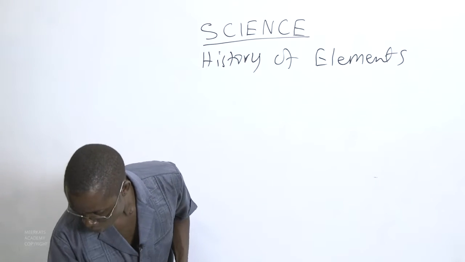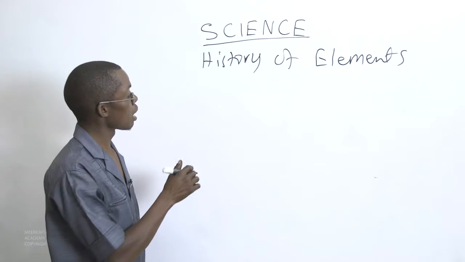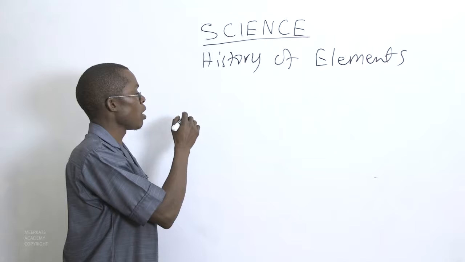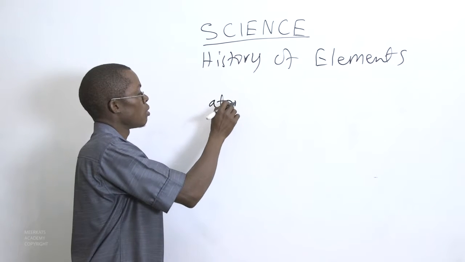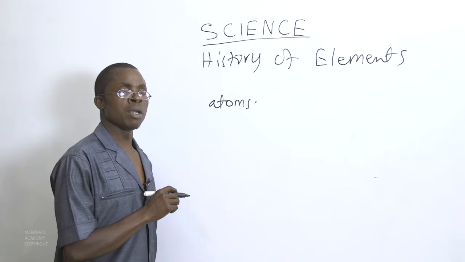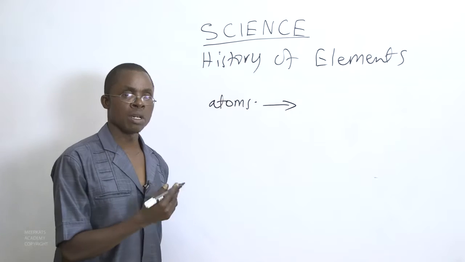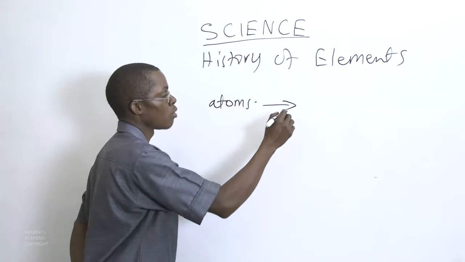Atoms cannot be created nor destroyed in a chemical reaction. When you have atoms, you can maybe change them from one state to another, so you can talk of state.